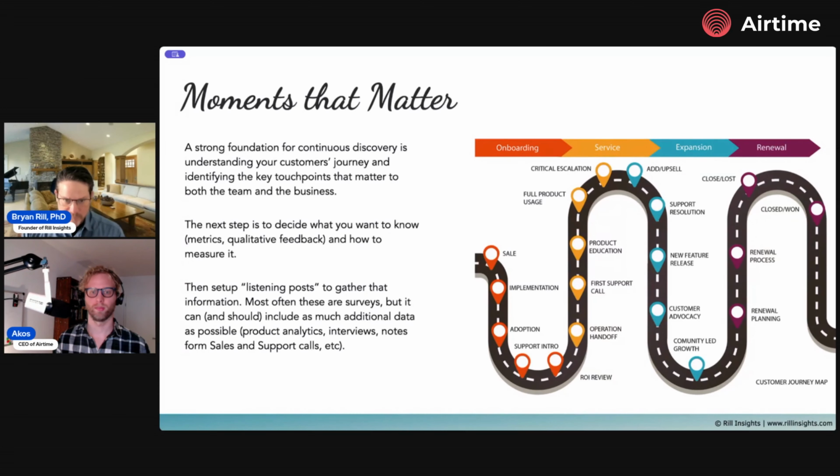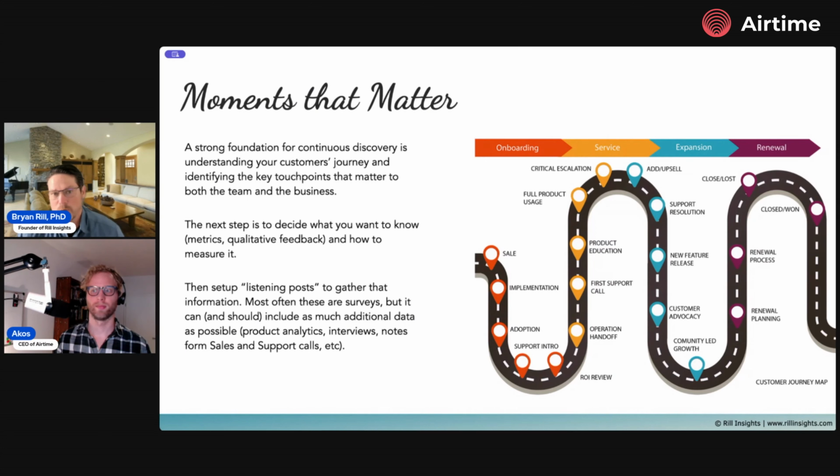Now, continuous discovery research can then unpack each of these stages in much more detail. You gain fidelity over time by asking people about their experiences at specific moments that matter, which can be done by collecting data from as many of the inputs as possible that I showed you on the last slide. So you can see here I have a step through, right? First is figure out these touch points in the journey.